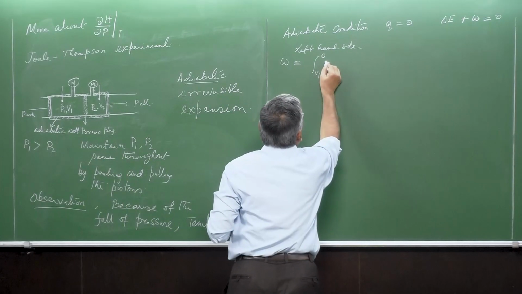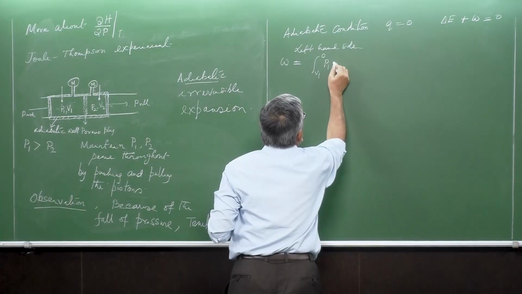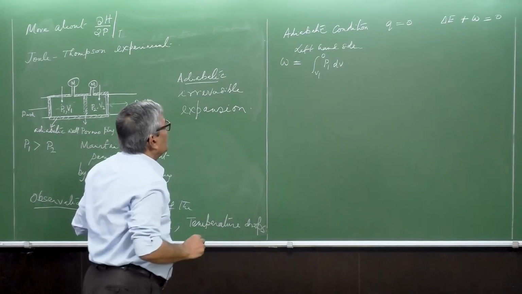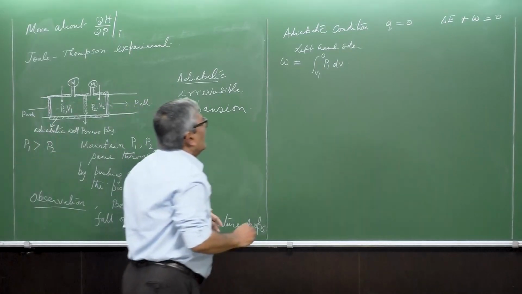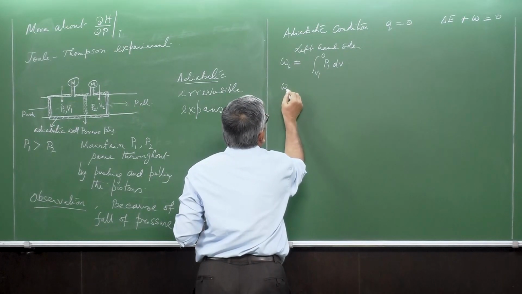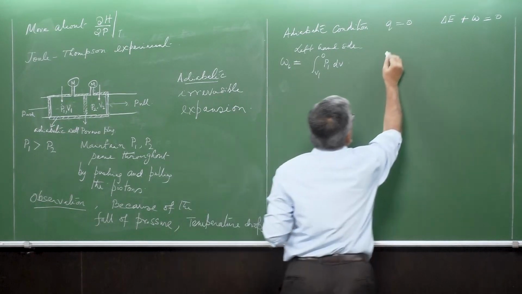So it is P1 times dV. So that's the work on the left hand side, W left, and W right on the right hand side.